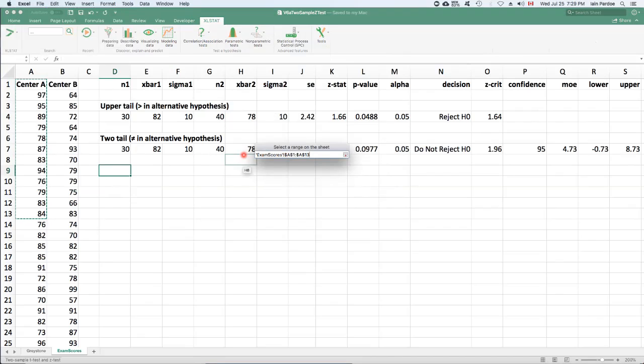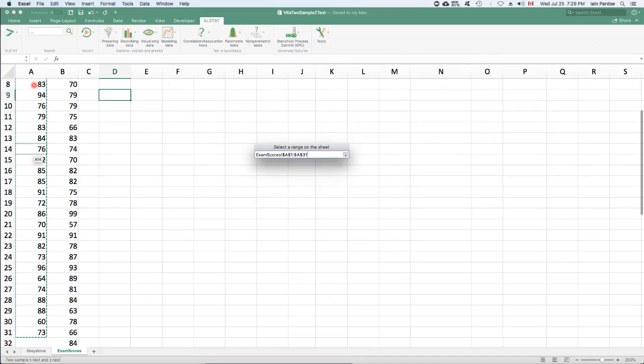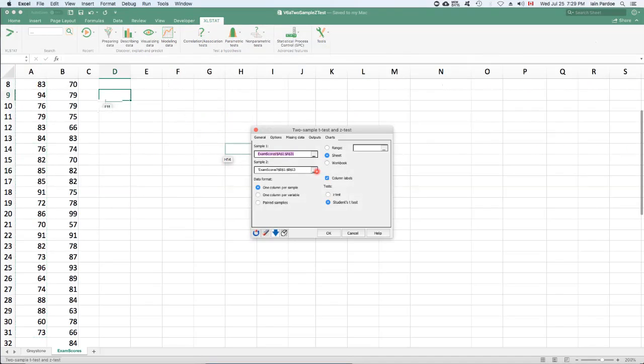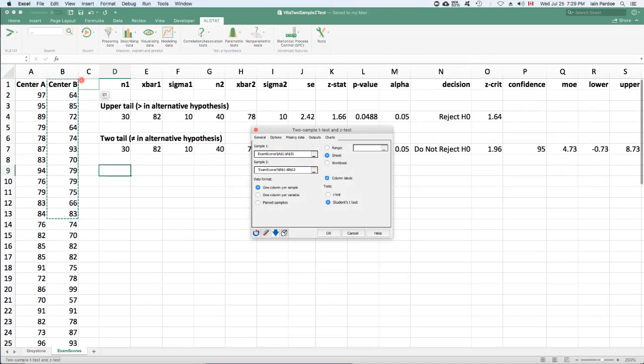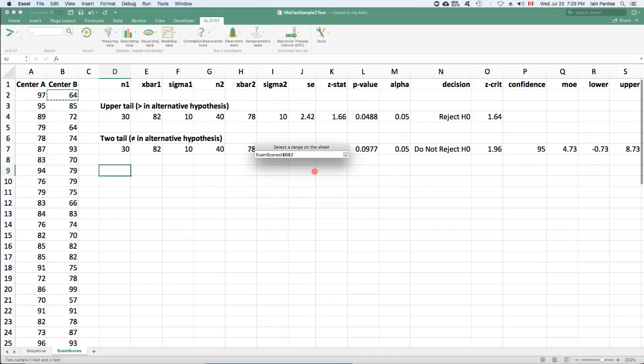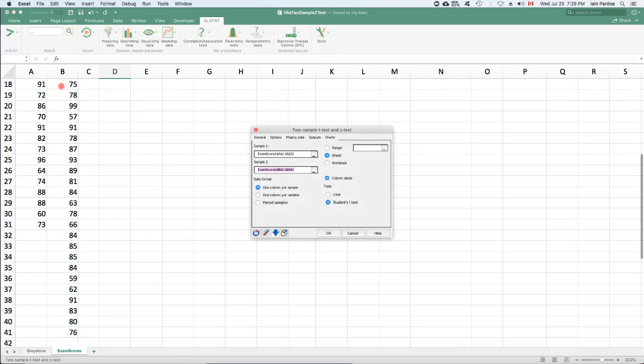So exam scores. Let's make sure we get all the data here. And then again, make sure we get all the data. Oops, that didn't work. Let's try that again. There we go. We'll do a Z-test.